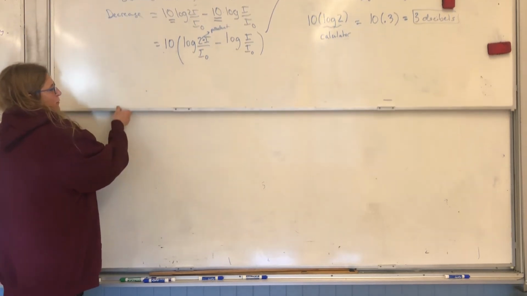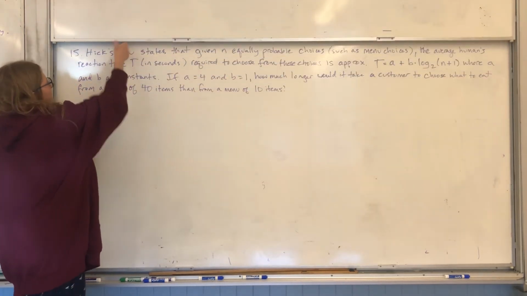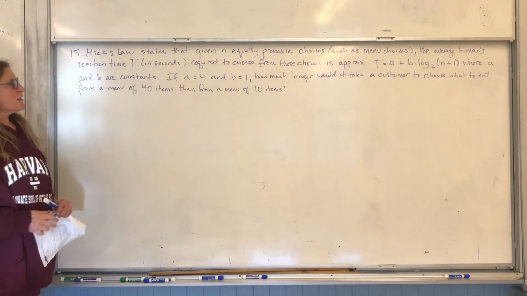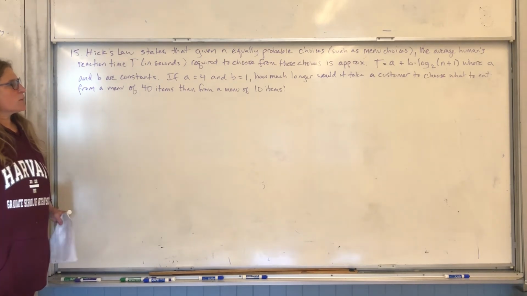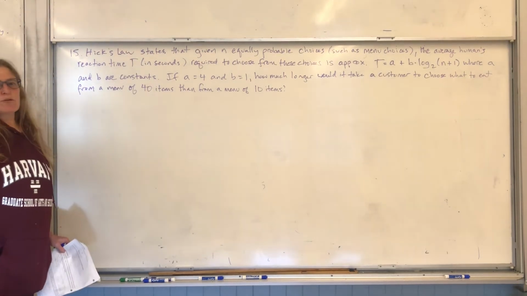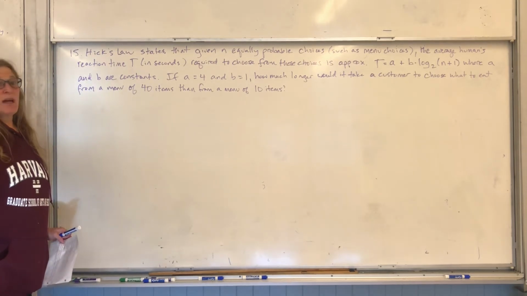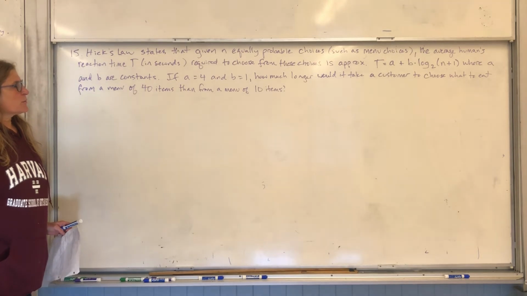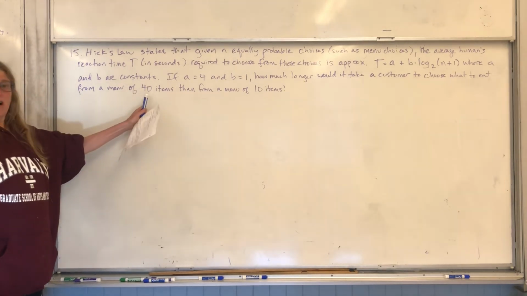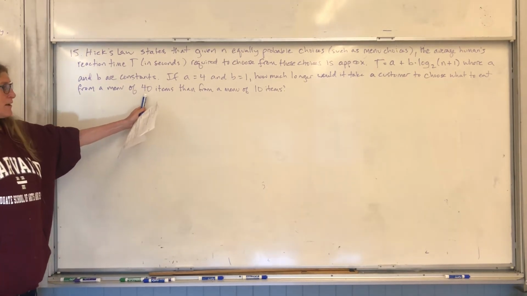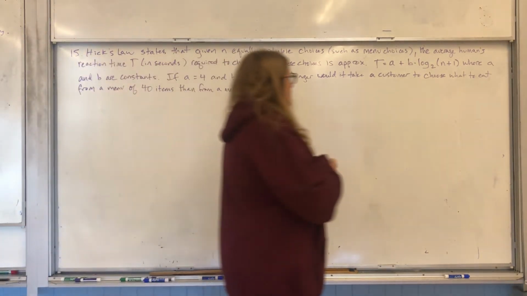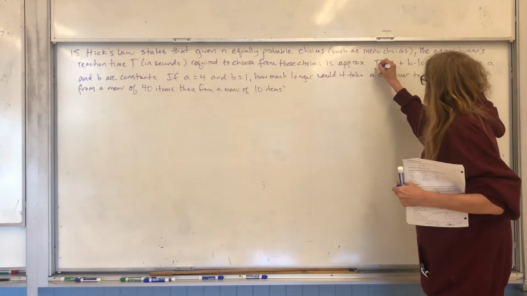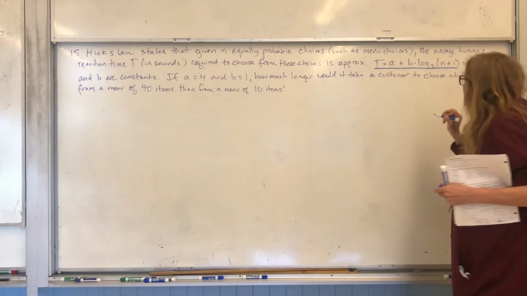This one is more straightforward. We've got this law called Hick's law that models basically how quickly people choose items from a menu. How long it will take them to choose depends on how many items there are in the menu. That makes sense. So the average reaction time for a person can be modeled by this model.